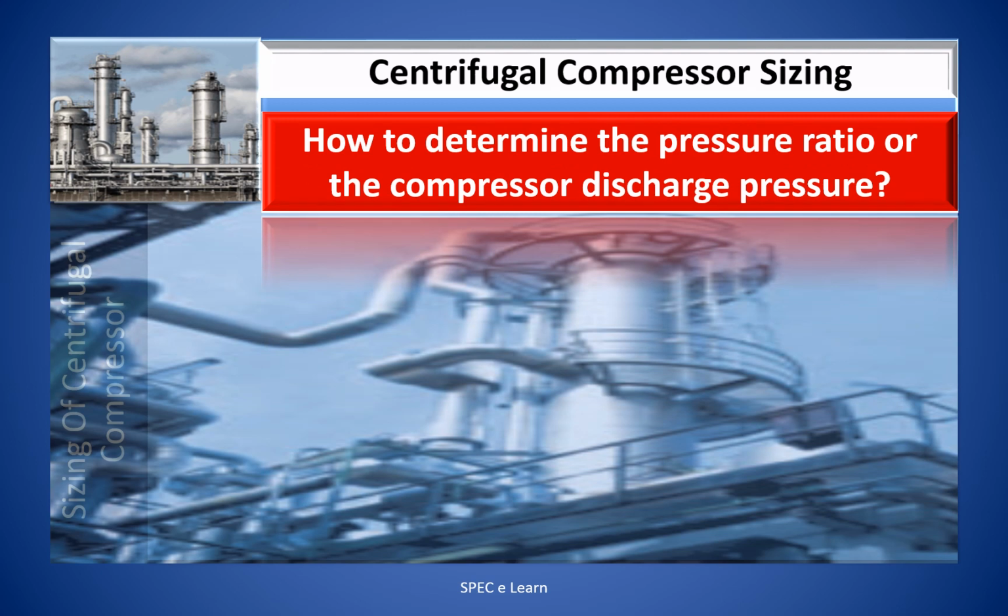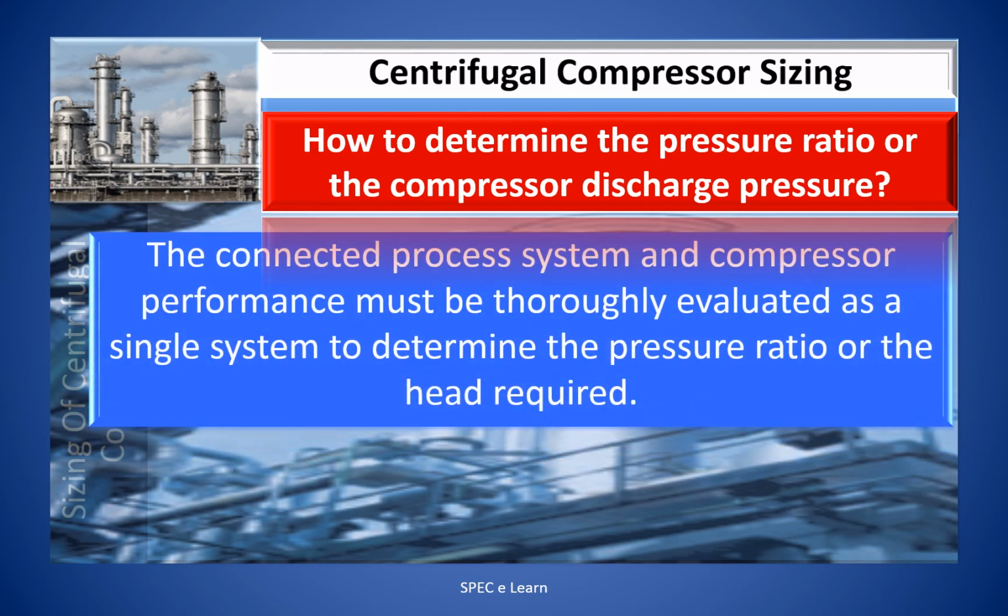How to determine the pressure ratio or the compressor discharge pressure? The connected process system and compressor performance must be thoroughly evaluated as a single system to determine the pressure ratio or the discharge pressure required.